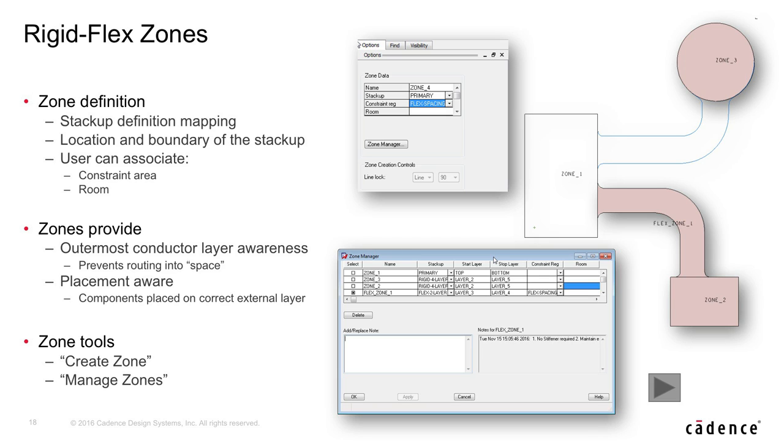It understands the outermost layer when I do my component placement. There are two basic tools for zone creation, and that is the create zone and manage zone. One I use to create the actual zones, and if I need to make changes later I can go back and manage those zones. So let's take a look at how these zones are created.